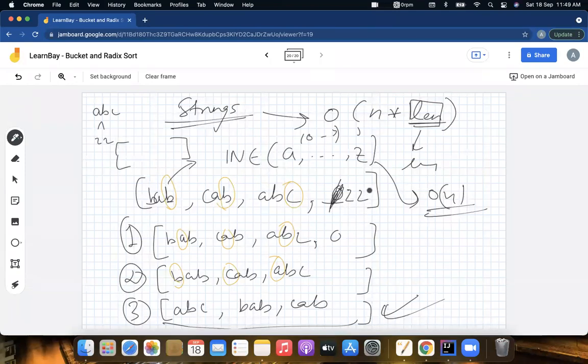Rather, you will add it in the end. So you will just add a phi in the end, and you will say that it is lexicographically the smallest, even smaller than A, and just sort it, and you will get it in the correct order. In case of numbers, you don't need to do it because I'll tell you how we will implement.